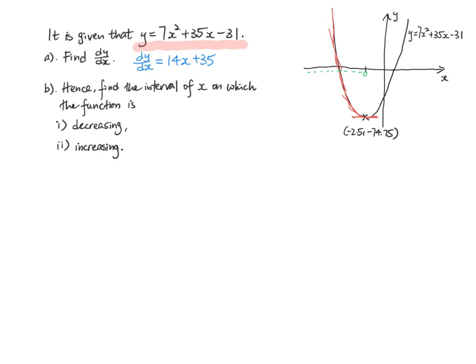Okay, so if we keep going to the right of that point, you start to see that the slope of the tangent lines at each point, okay, are positive, okay, because it's obviously increasing.